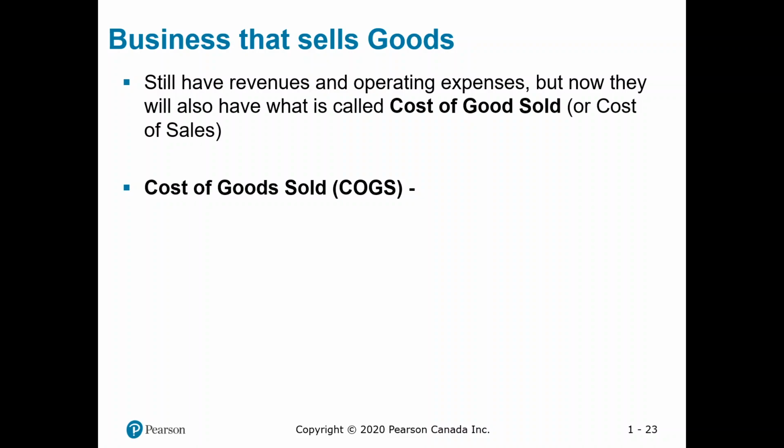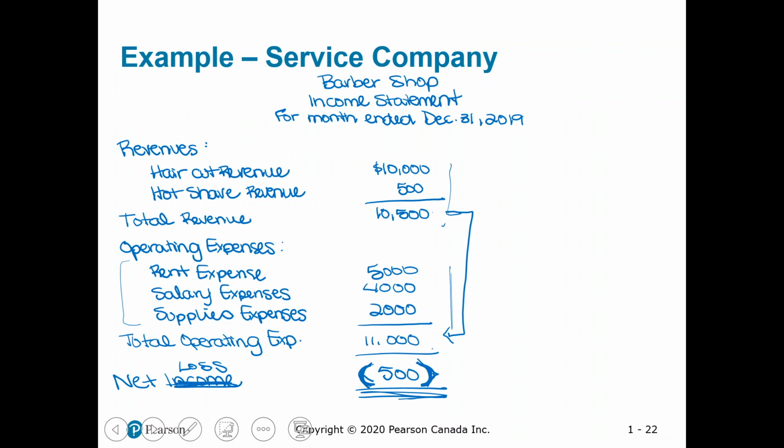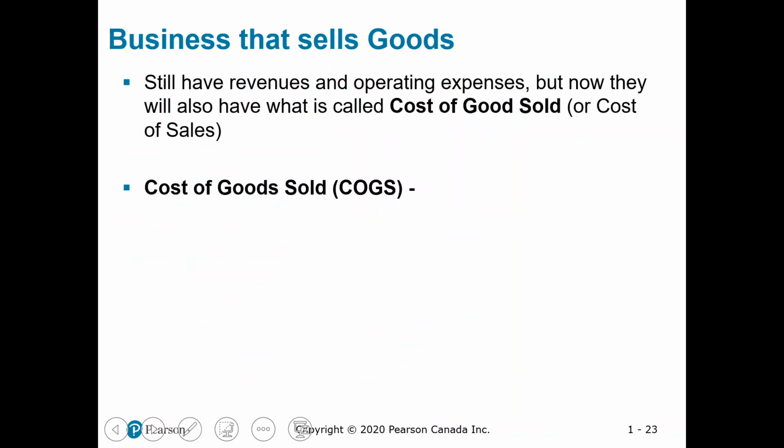So our barbershop was just a service company. We just had revenues and operating expenses. When we look at a business that sells goods, however, we're still going to have revenues and those operating expenses, but now we'll also have cost of goods sold, or sometimes referred to as cost of sales, but typically cost of goods sold, or as you can see here, often shortened to COGS.